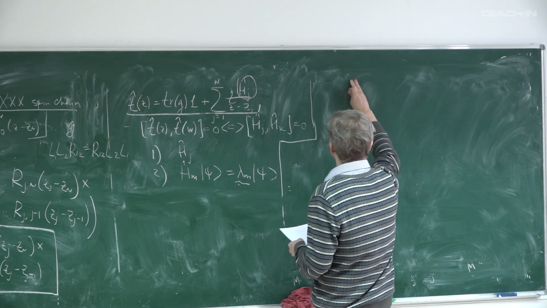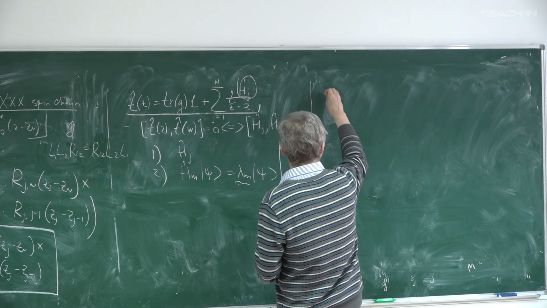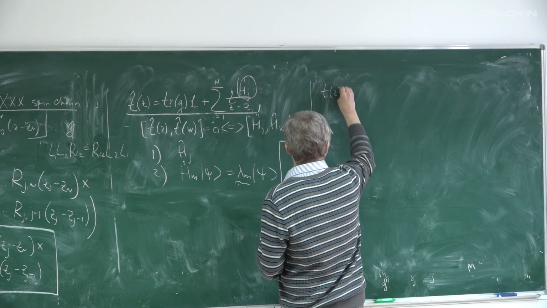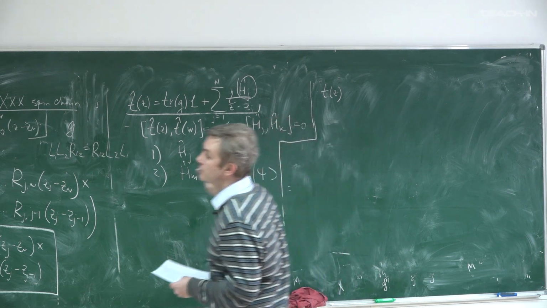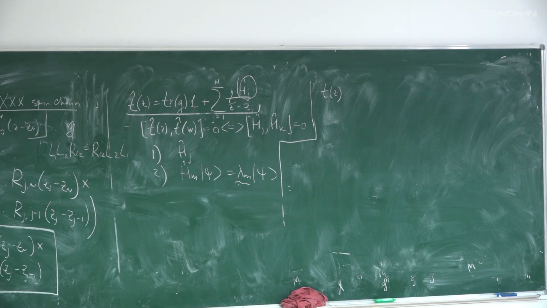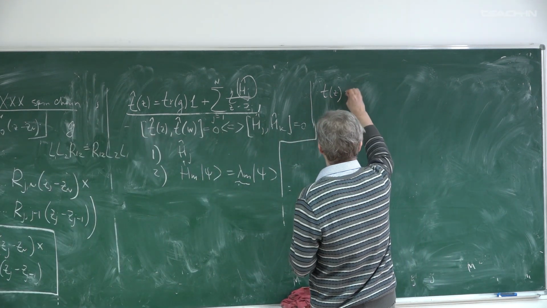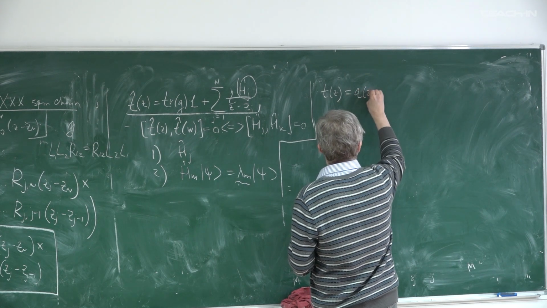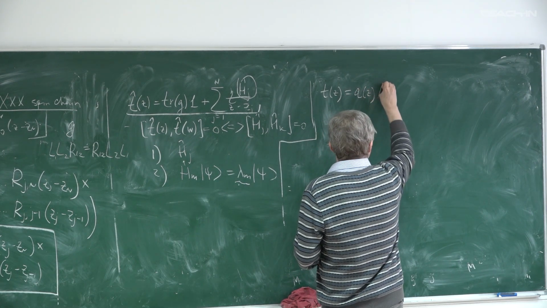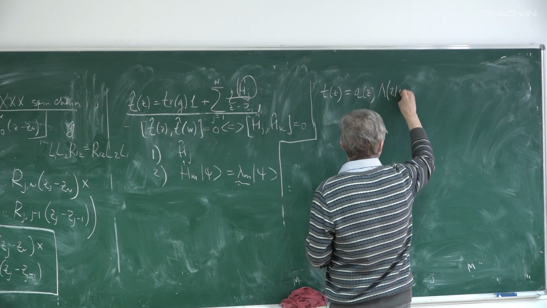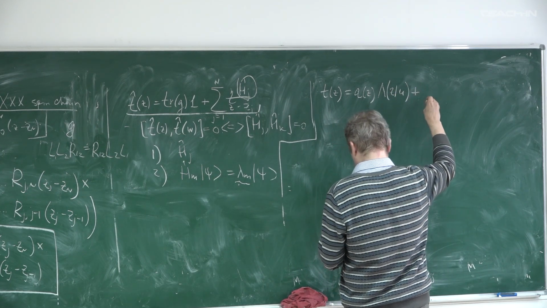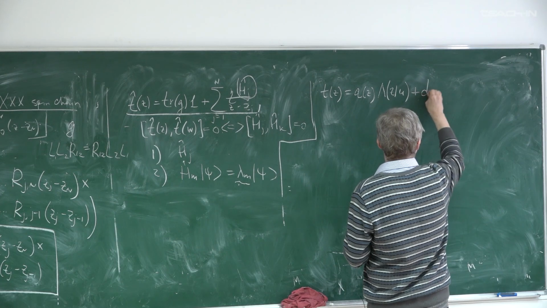Let me recall that the eigenvalue was given in the following form. This eigenvalue T of z, the eigenvalue of the transfer matrix, the generating function of eigenvalues, was given by this expression. Let me just write and recall the notations.